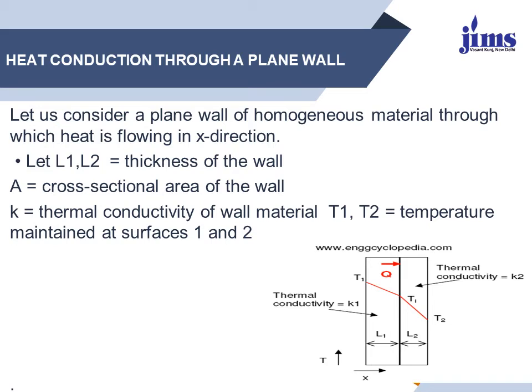Heat transfer takes place from the left side to the right side because the temperature T1 is higher than the temperature T2. Due to this temperature difference between T1 and T2, heat transfer takes place from T1 to T2. This is a very simple diagram in which heat transfer takes place through a plane wall.